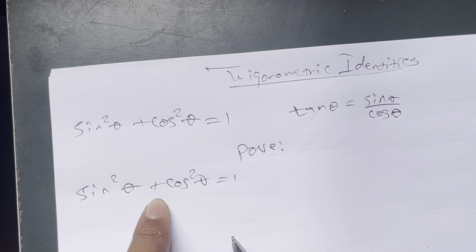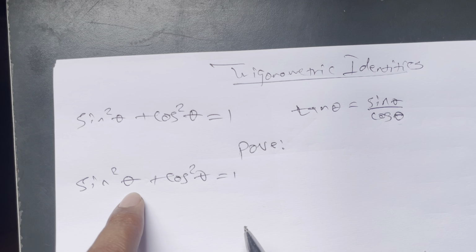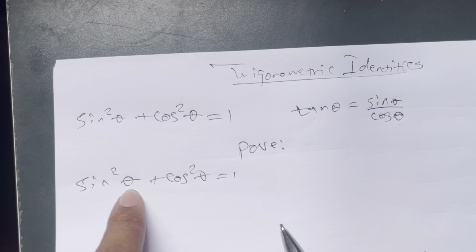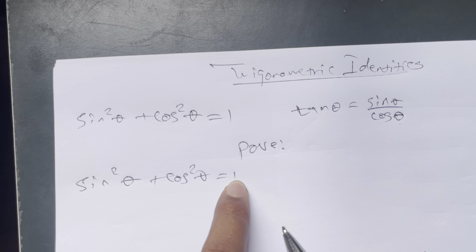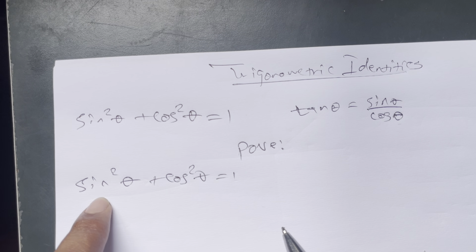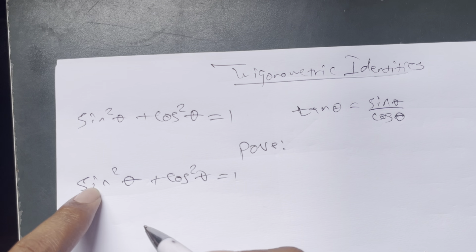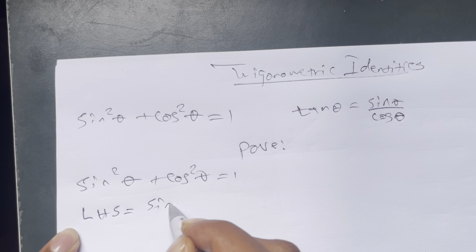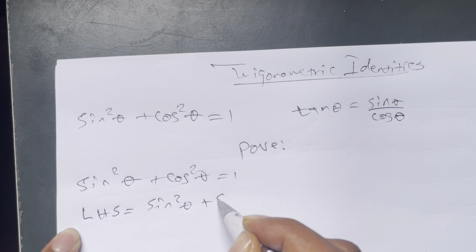In this instance, we are going to take this side, because on that side we have 1, so there's nothing much we can do there, but we can work with this one. So this side is our left hand side, equals sine squared theta plus cos squared theta.